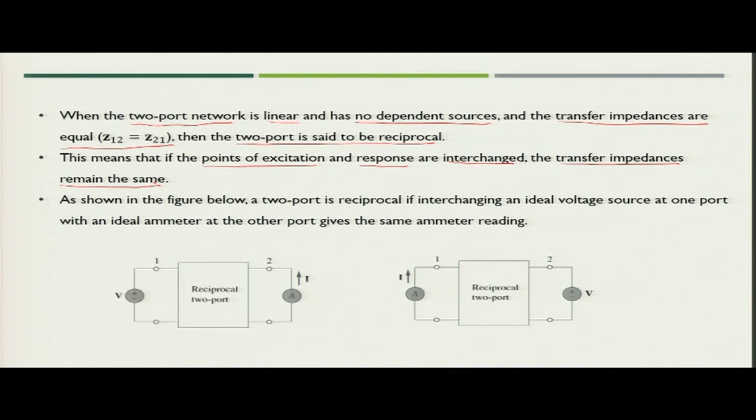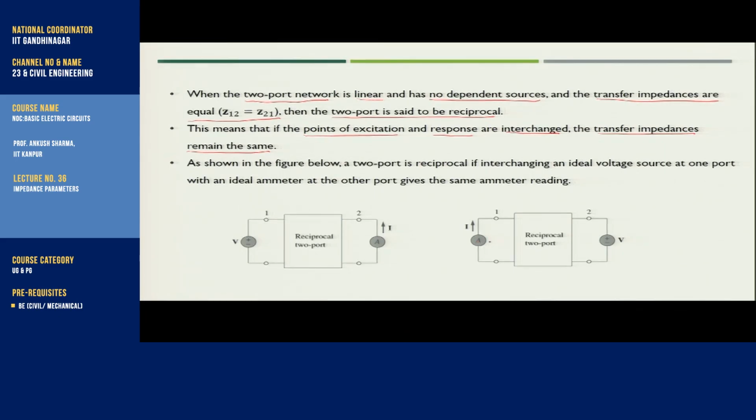We can understand this with the help of this figure, in which at one port, the input port, we are applying the voltage, and at the output port we are adding an ammeter to find out the value of current. If it is a reciprocal two port network, then if you interchange the locations of the voltage source and the ammeter, it will give you the same reading.